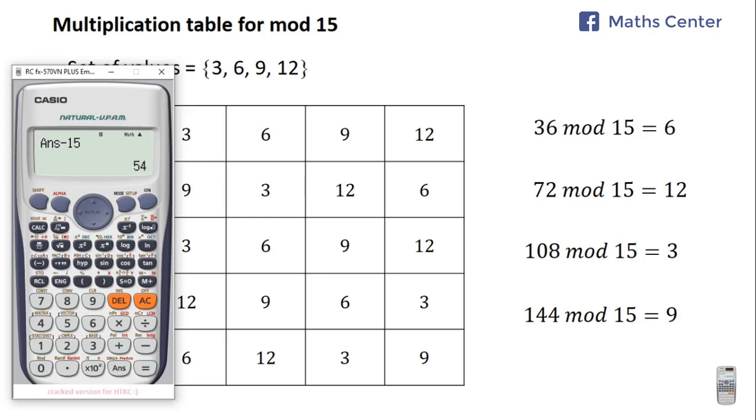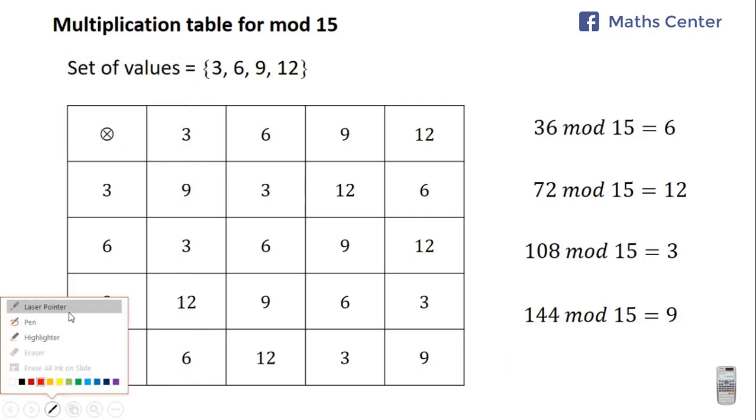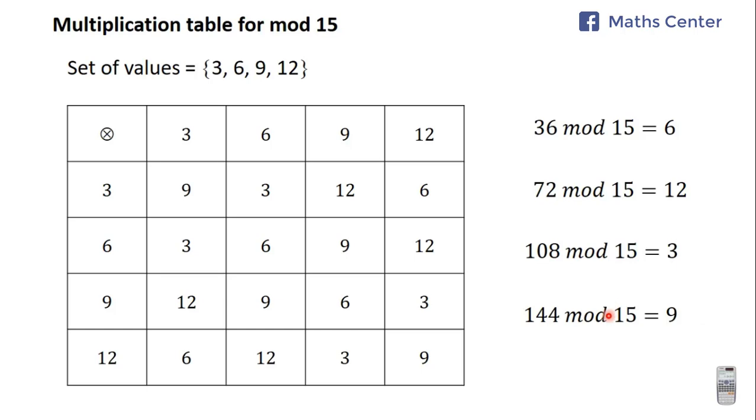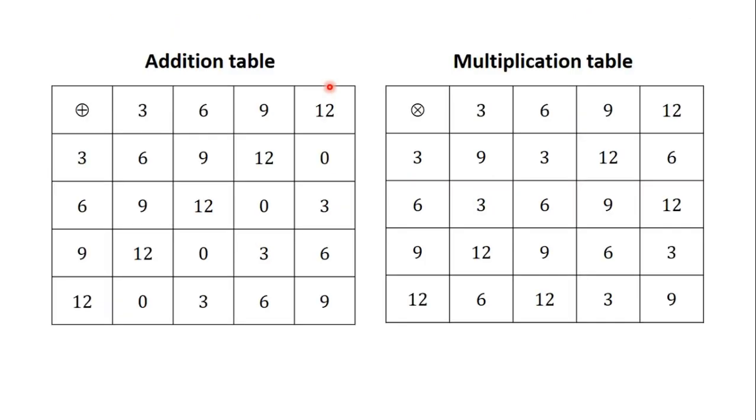You subtract 15 from 69, you have 54. Then you subtract 15 from it again, you have 39. You subtract 15 from it again, you have 24. Then you subtract 15 from it again, and you have 9. So you keep on subtracting the modulus from the number until you get a value that is less than the modulus. We have completed the multiplication table for mod 15 on the set 3, 6, 9, 12.